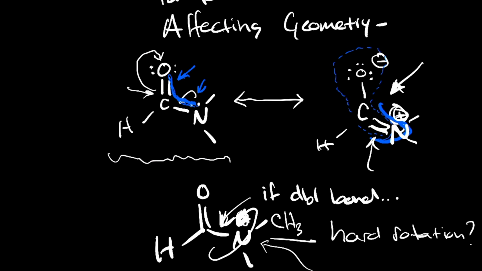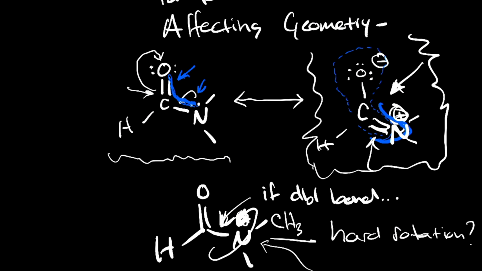Since this resonance structure, where oxygen gets electrons because it's more electronegative than nitrogen, is going to be a significant resonance contributor, it's going to impart a lot of double bond flavor, if you will, which means that this rotation is going to be affected.